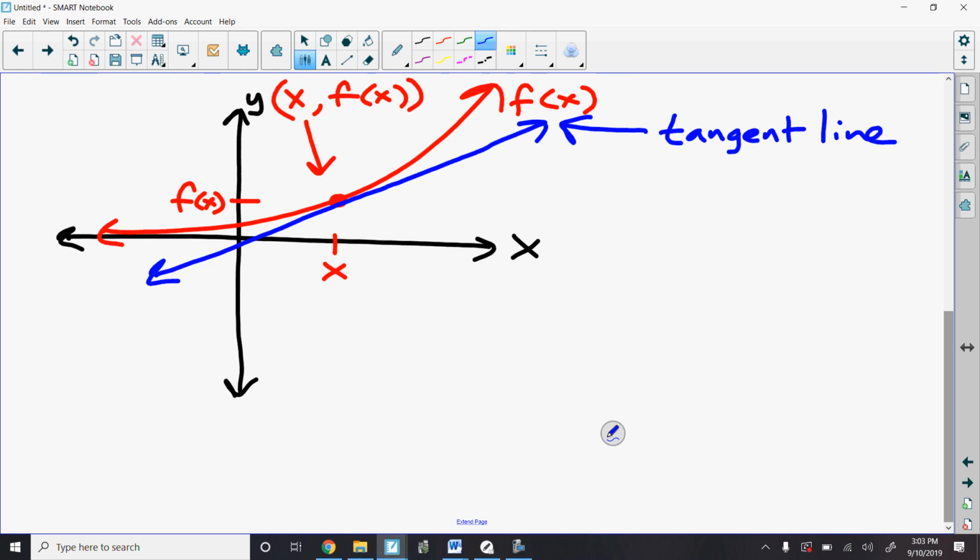If I moved x away from the origin a little bit more, my tangent line slope is going to be a little bit steeper. But again, I'm just using a general, any value x here. Okay. The question is, how do I find the slope of this line when I only know one point on the line? The only point I know is the point x comma f of x.